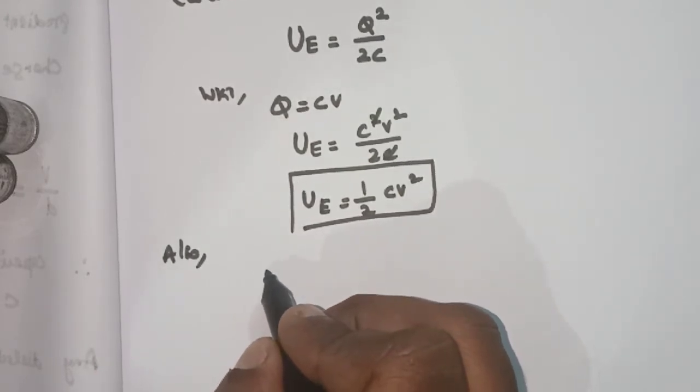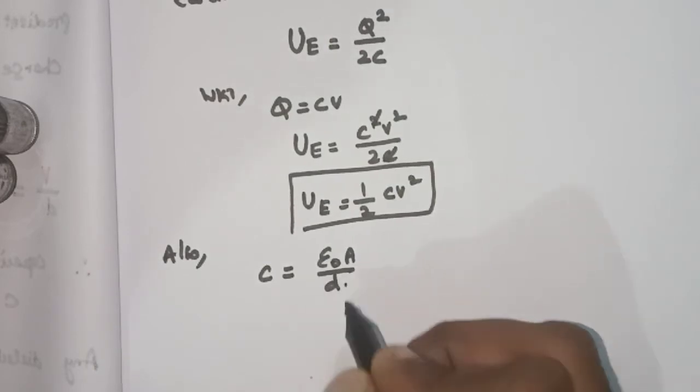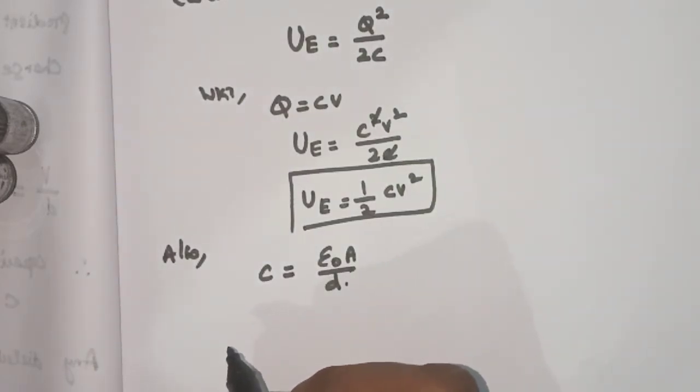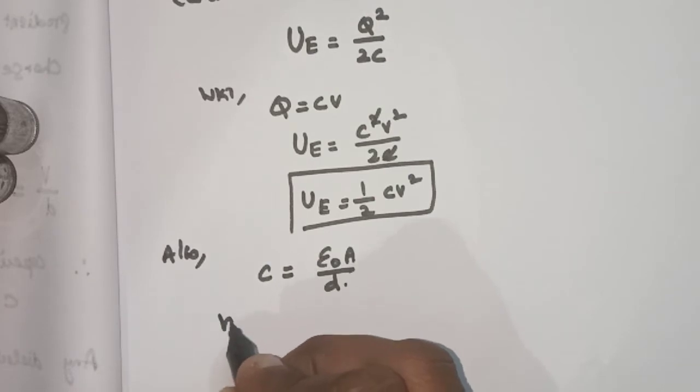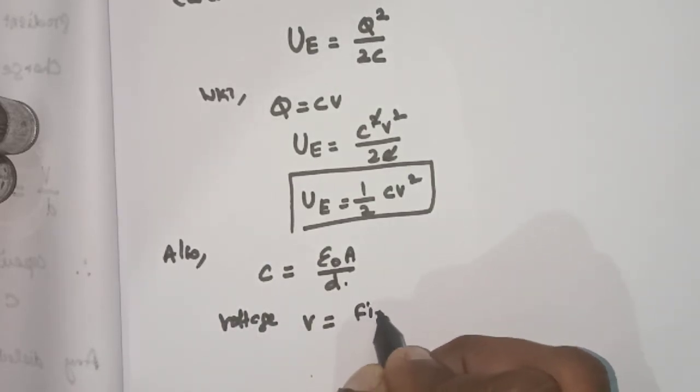The capacitance of a capacitor C equal to epsilon naught A divided by D. Here voltage V equal to, what is that?